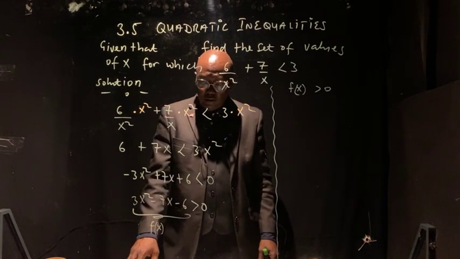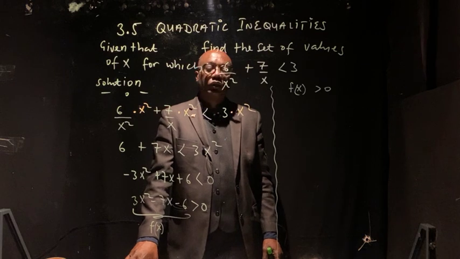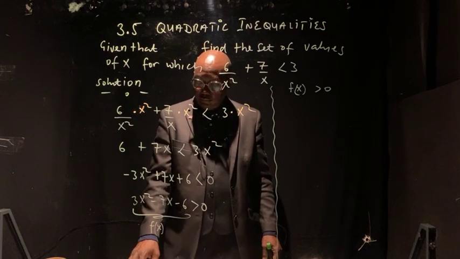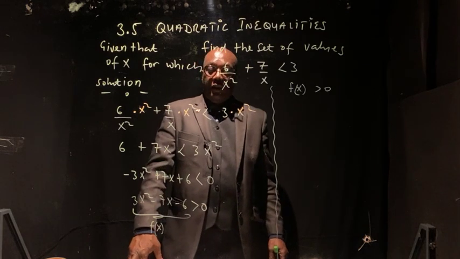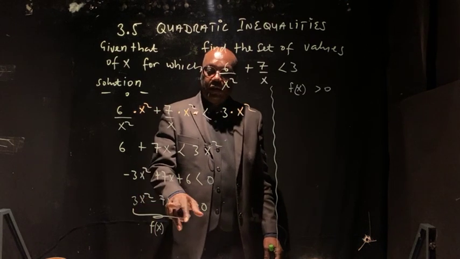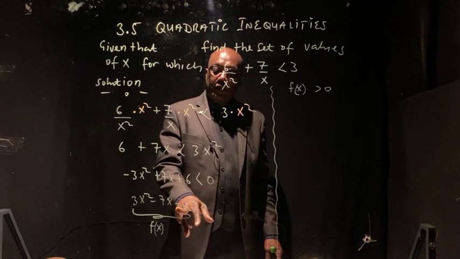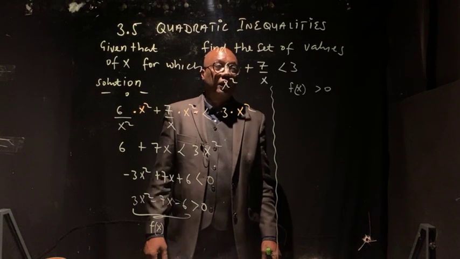Then you use your quadratic strategy to factorize. Good. 3 multiplied to minus 6 is minus 18.